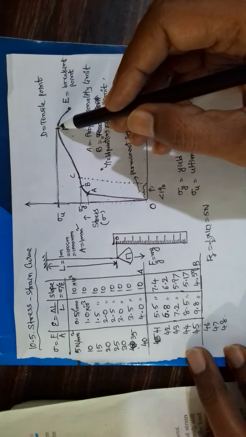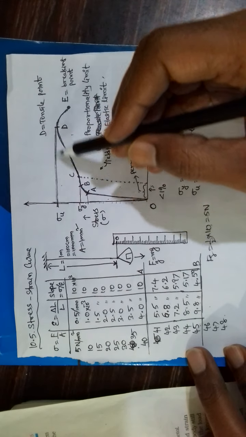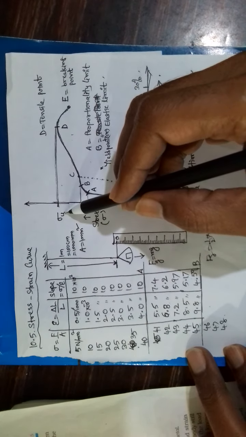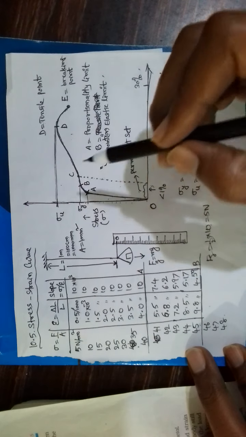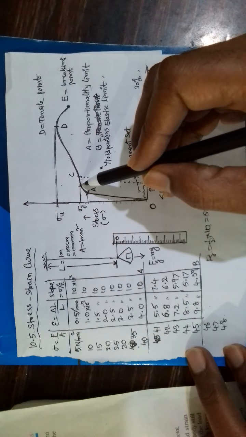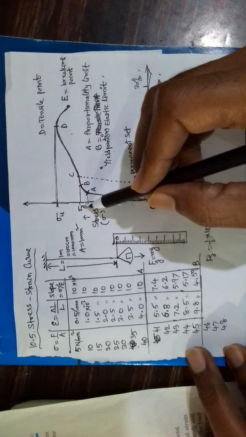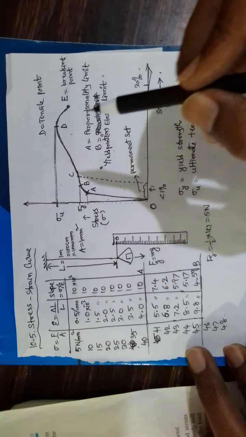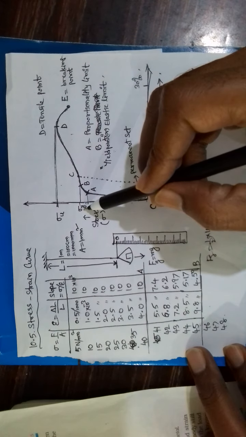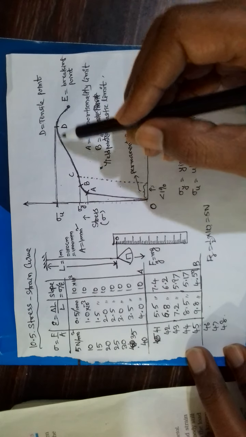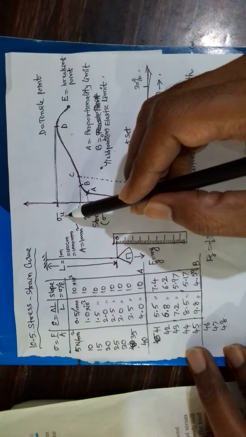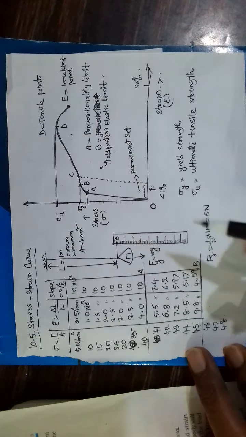And this point is called tensile point, and the corresponding stress is called ultimate tensile strength. See here, corresponding to yield point, the stress value is yield strength, and corresponding to tensile point, the stress value is ultimate tensile strength.